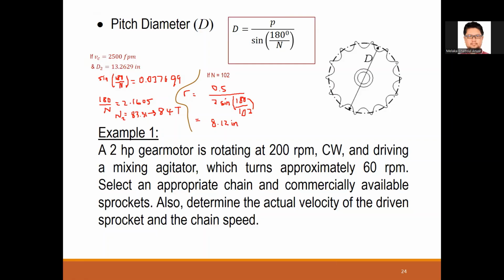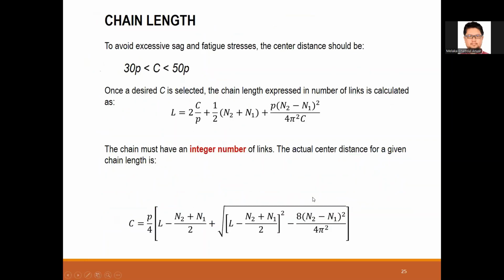Meaning my diameter here is about 25.47, or about 25.5 inches. Pretty big size there. Okay.